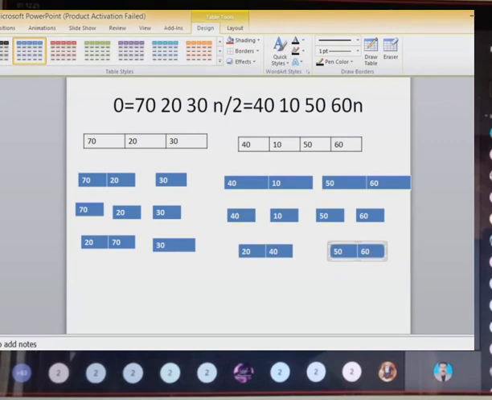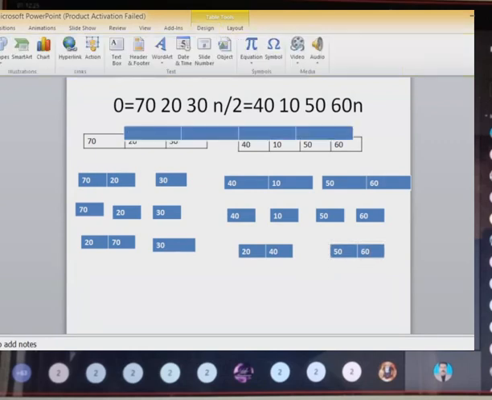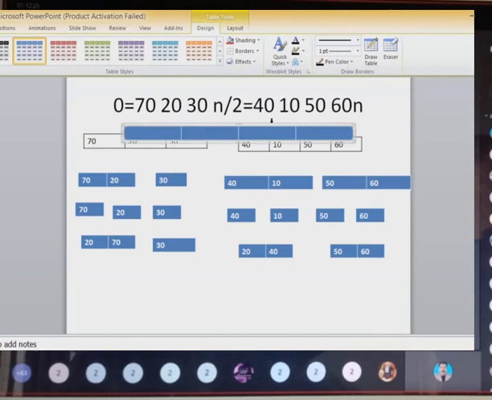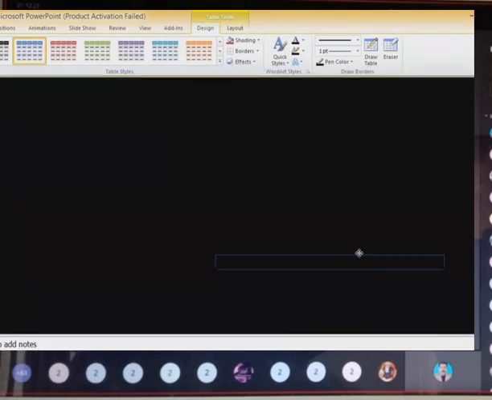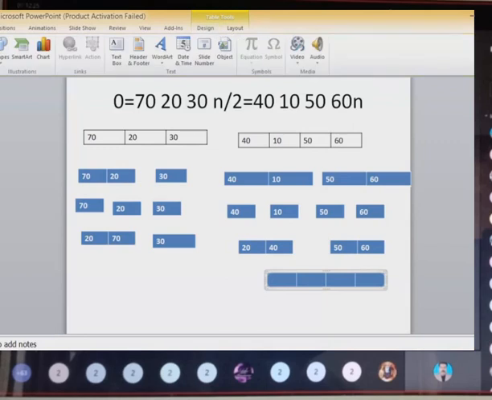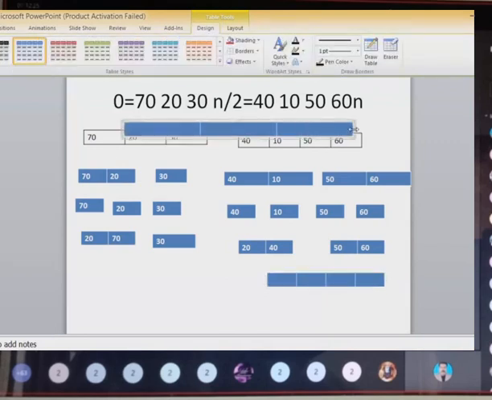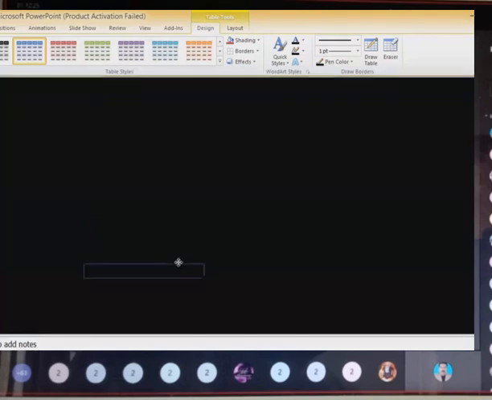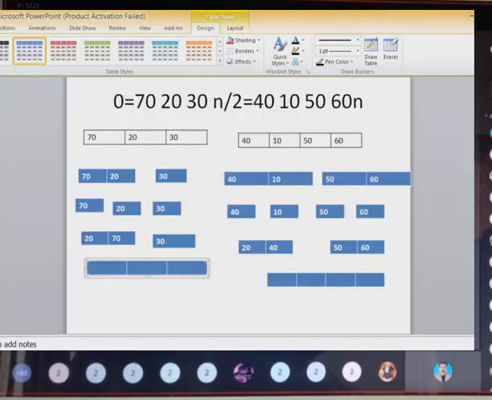Okay. Now combine. Here combine three. This is 20, 30, 70. 20, 40, 50 and 60. Okay.